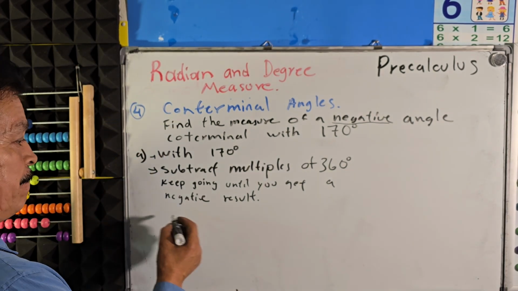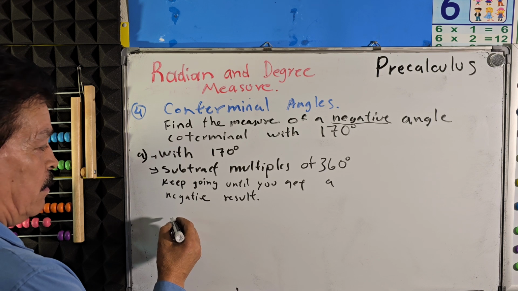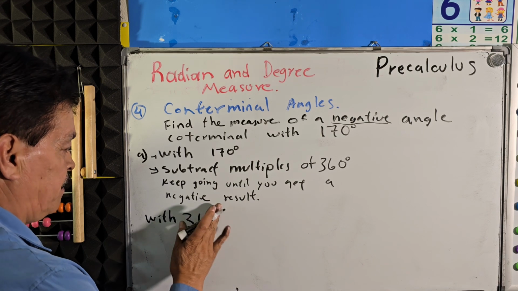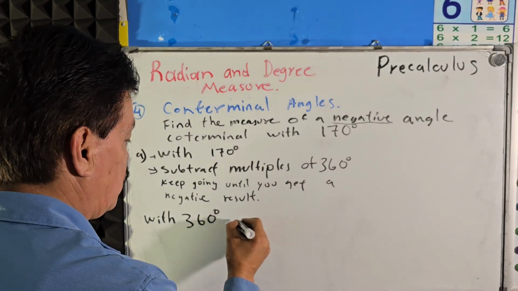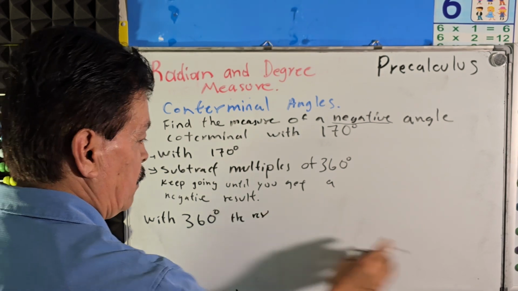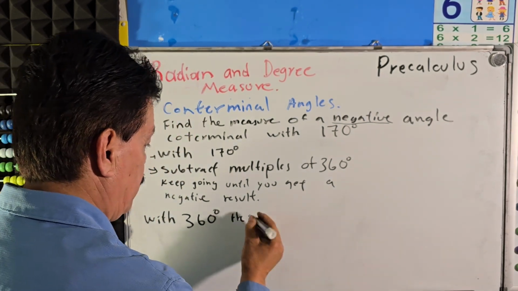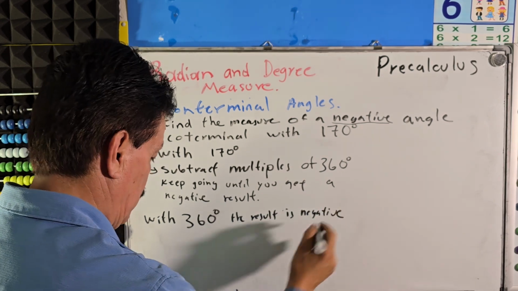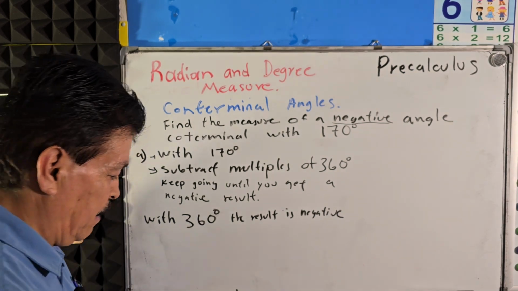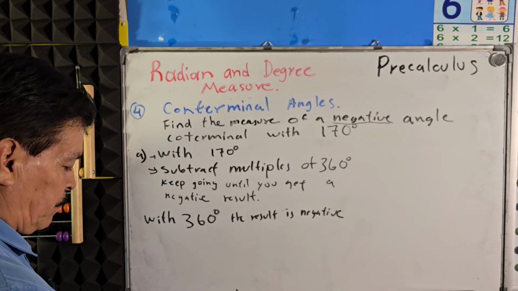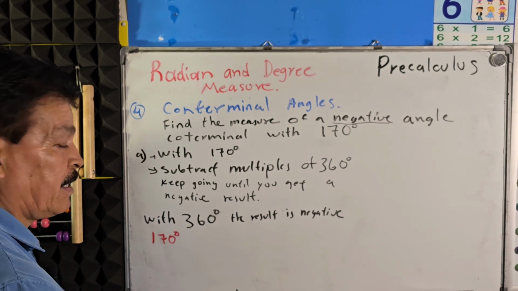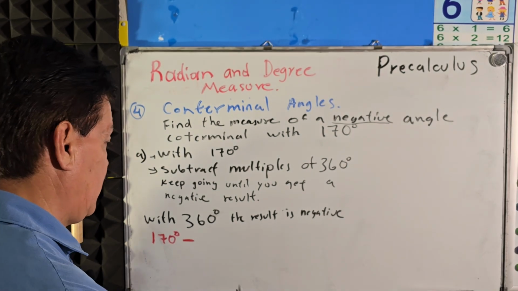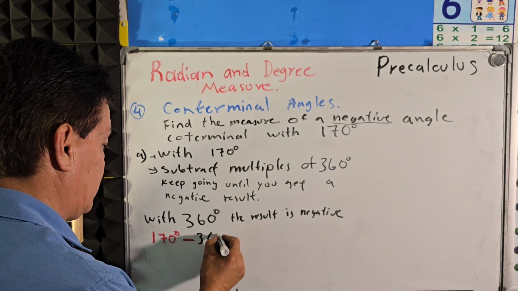All right. So with 360 degrees, let's write it right here. 170 degrees minus 360 degrees.